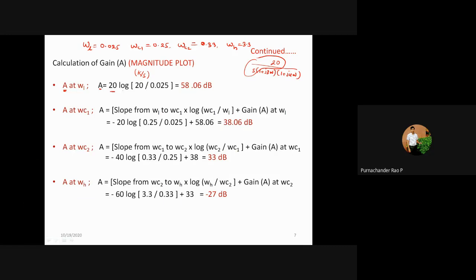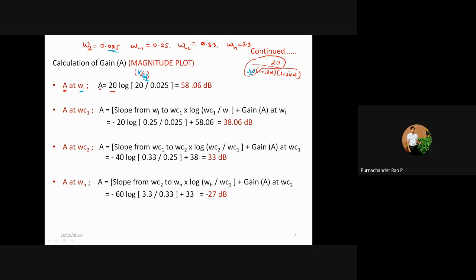So K value is 20 by S. What S value have we taken? S means this is J omega, not S. So K by omega we have to take. So omega is equal to 0.025 at omega L. As this is omega L, this value is going to be omega L. And therefore this is 20 log of 20.